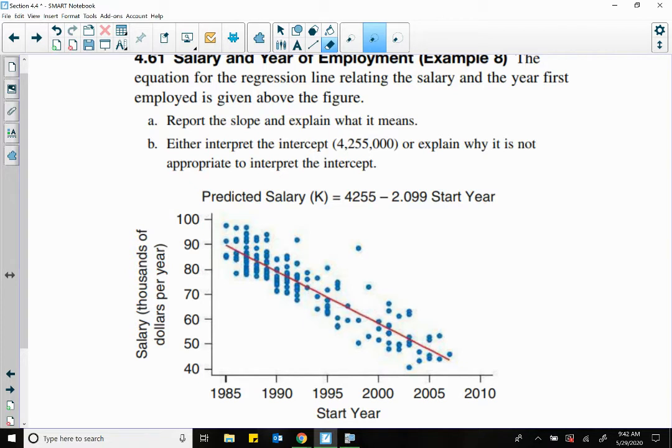Okay, so the slope is right here. So this means that as you move up 1 year, because it's negative, you are going to lose 2.099 thousands of dollars per year in your salary.